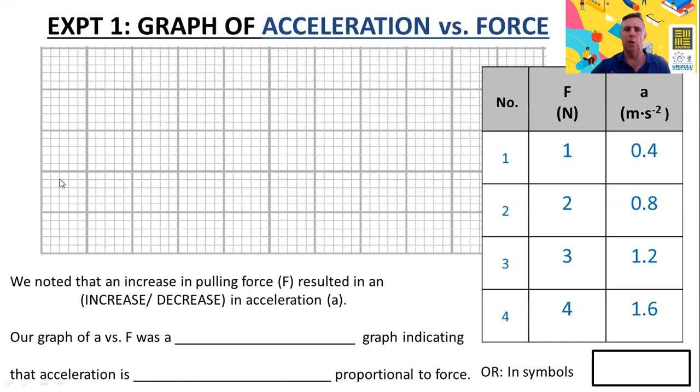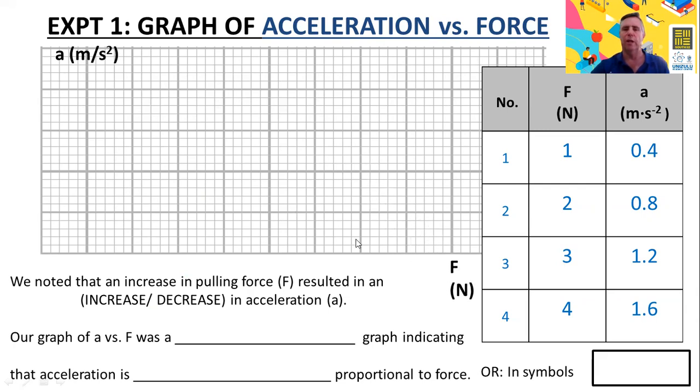So let me help you with the first graph. The T for TALSUP was for title, and we have a title, graph of acceleration versus force. Always put your dependent variable first. A stands for axes, and we've said on the vertical axis we'll have acceleration, and we must label it in meters per second squared.